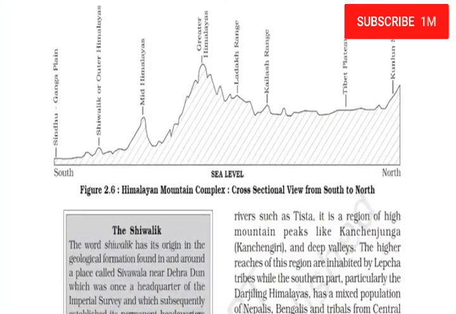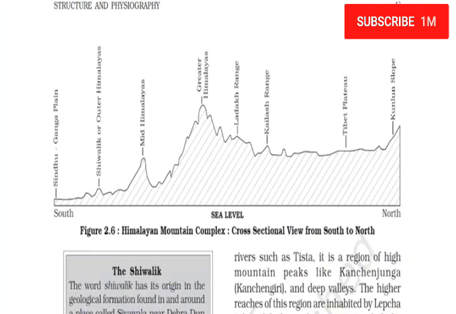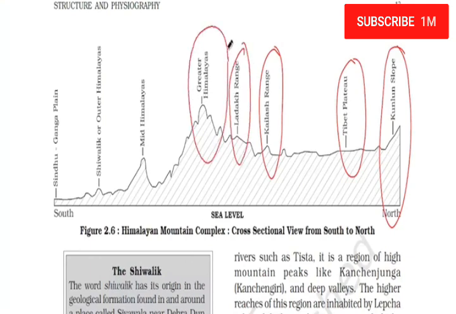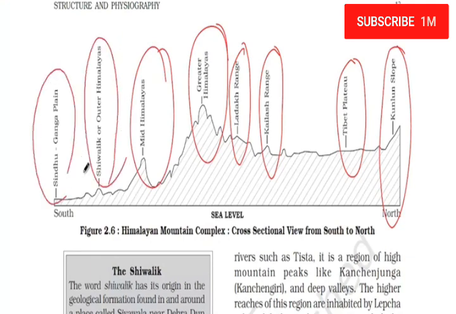So let us see the cross-sectional view. First you have the Kunlun Shan mountain, Tibetan plateau, Kailash ranges, Ladakh ranges, Greater Himalayas, Middle Himalayas, Shivaliks, and the Ganga plain. This is how the structure is present, right?